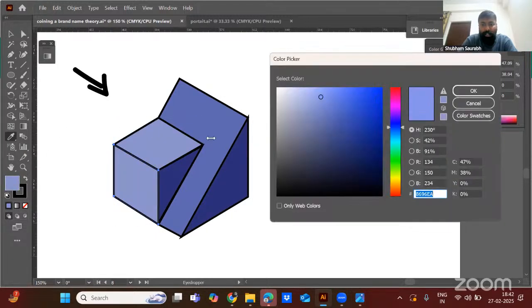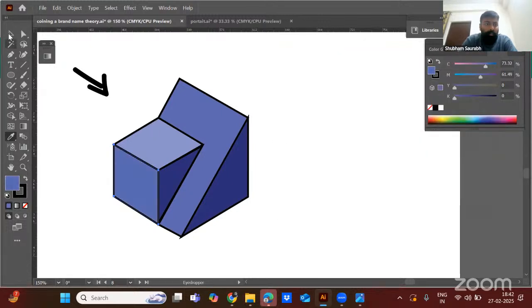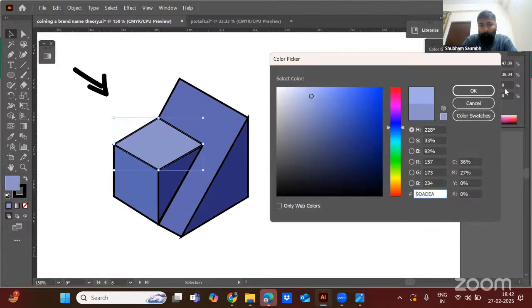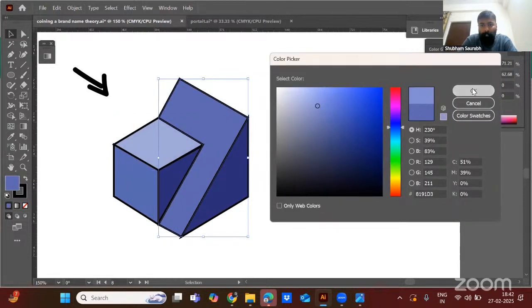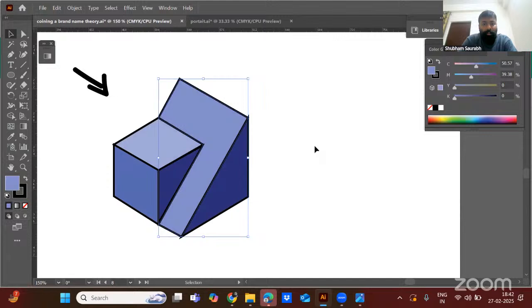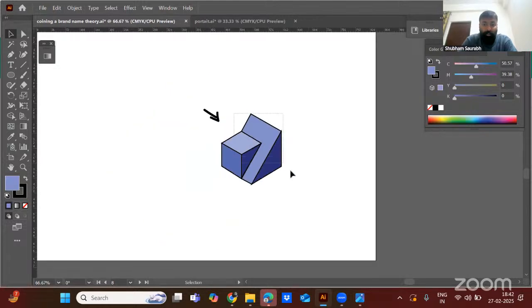So we'll make it a little darker. Okay. We can make this surface a little more lighter. This also we can make a little more light. Okay. So now we have a block with a sense of lighting.